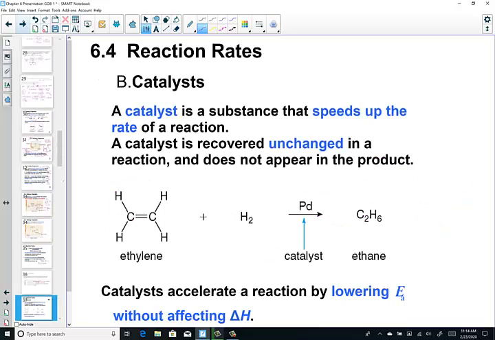We mentioned the third effect on reaction rates would be the effect of a catalyst. Let's define a catalyst as a substance that is used to speed up the rate of a chemical reaction. It's not a reactant, it's not a product, so it sits on top of the arrow.